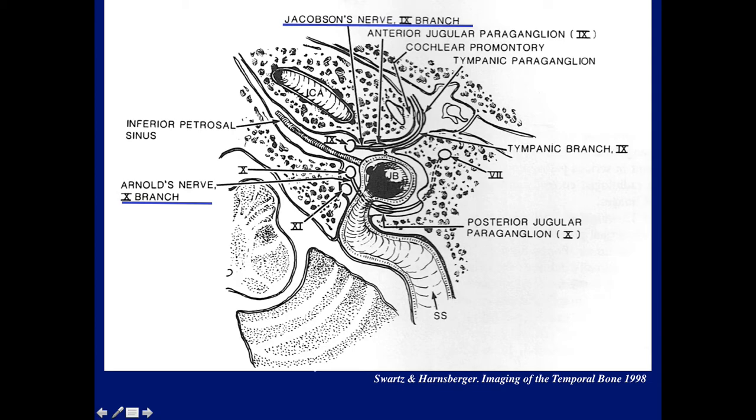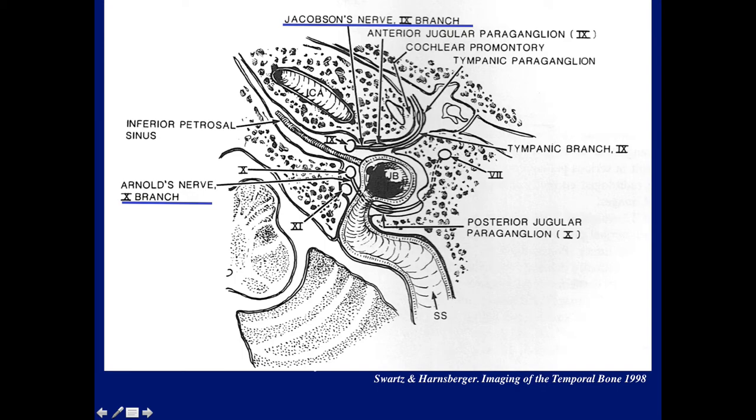The reason that's important is because we have the paraganglia sitting right on these nerves, and these are the cause of the glomus tumors or the paragangliomas. So you see them clustered on the nerve of Jacobson, a branch of the 9th. This is where we would get the tympanic paragangliomas. They will start on the nerve of Jacobson.